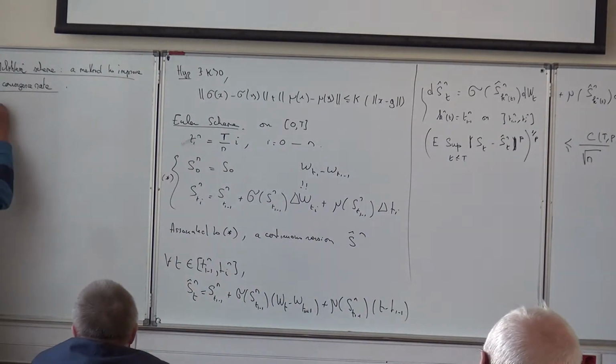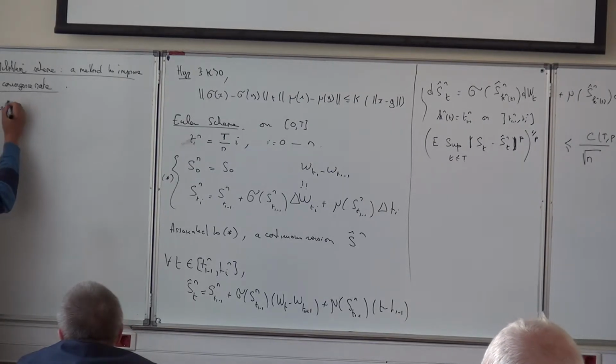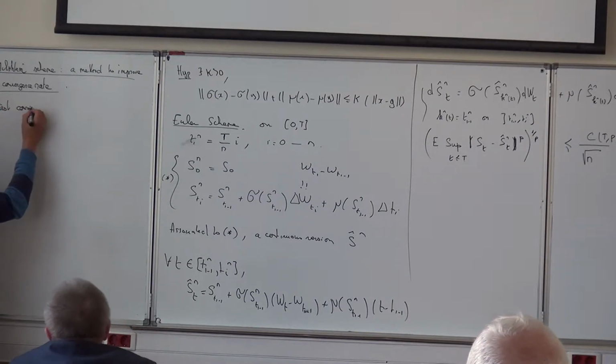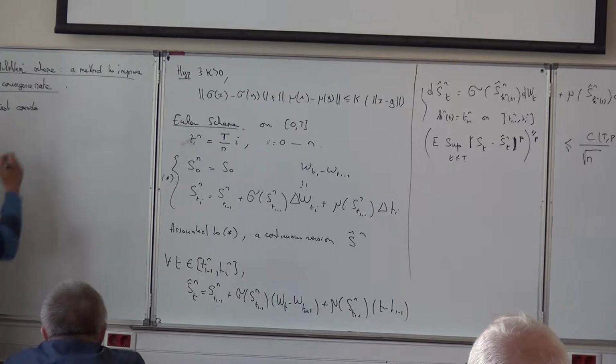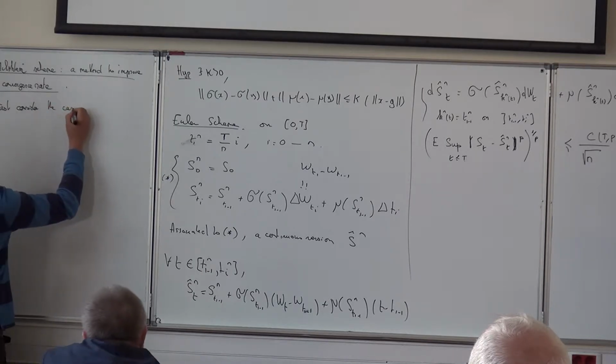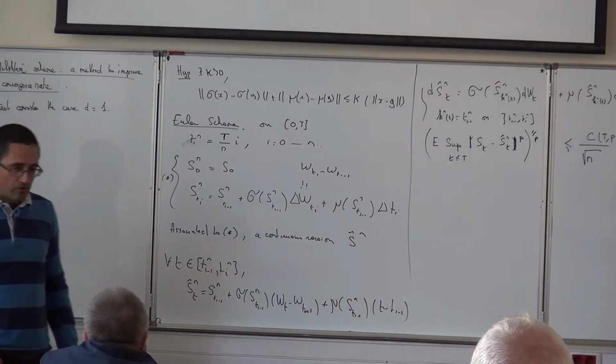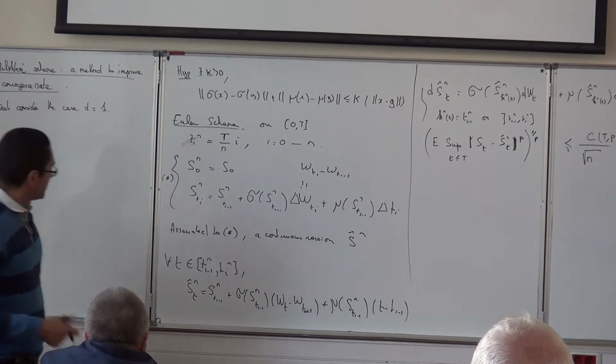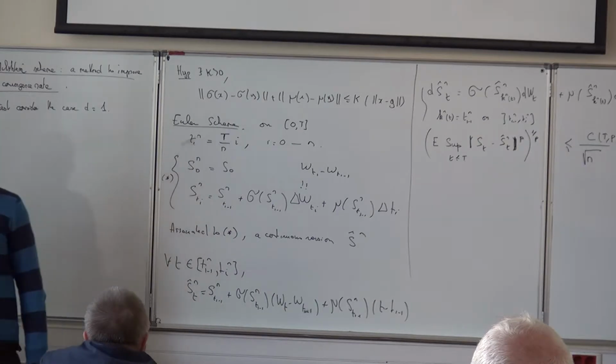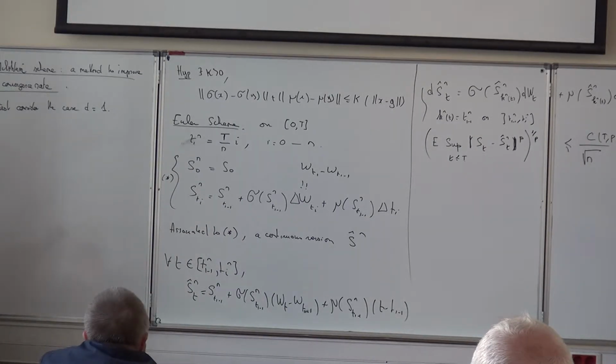We first consider, for the sake of simplicity, the case where d equals 1. It is a real valued process S, because in general it is a vector valued process.